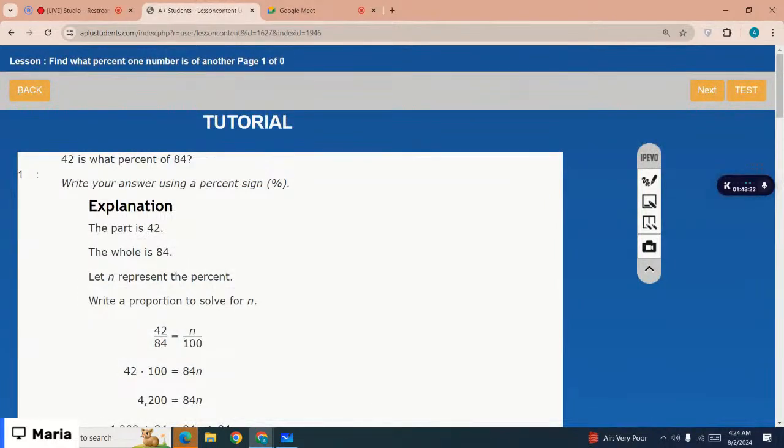Now you are given the whole number and the part, and you have to find what percent. For example, 42 is what percent of 84? So 84 is the whole number, 42 is the part of the 84. So you have to find the percentage value, right? Use the same equation for the proportion.